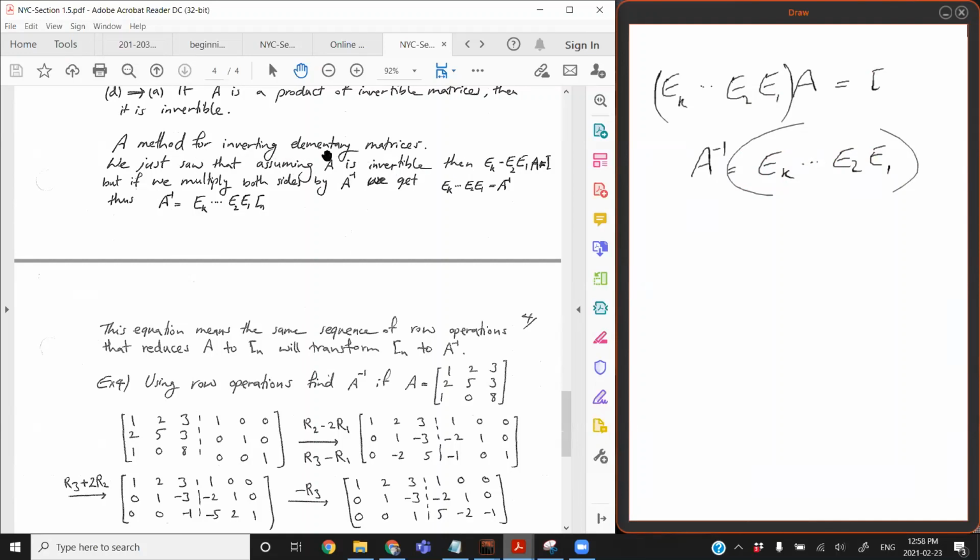Yeah, it's not a method for inverting elementary matrices. It's a method of finding the inverse of an invertible matrix. We just saw that assuming A is invertible, then we have this. Okay, but we can multiply both sides by A inverse, and if you multiply both sides by A inverse, we get this. So A inverse is simply EK all the way to E2, E1.